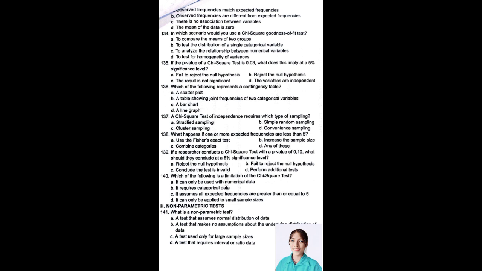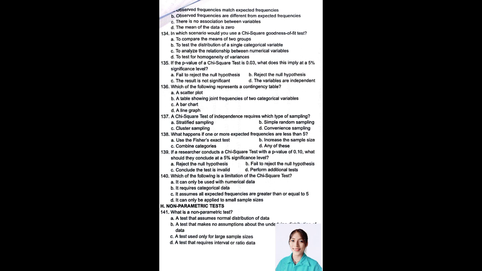So that's in option B. Then we have 138. What happens if one or more expected frequencies are less than 5? So if one or more expected frequencies are less than 5, you can use the Fisher exact test, you can combine categories, or you can increase the sample size.